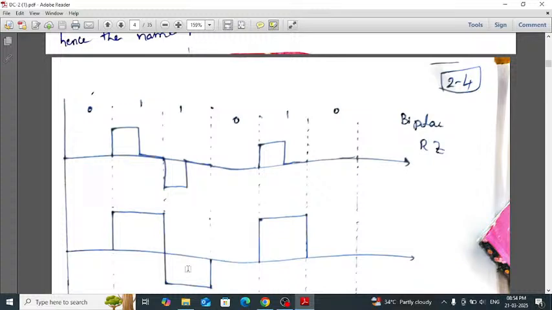Okay, ma. Tomorrow I will take 9 to 10 class. But tomorrow is Saturday, na? That's why. I have work at home to finish.